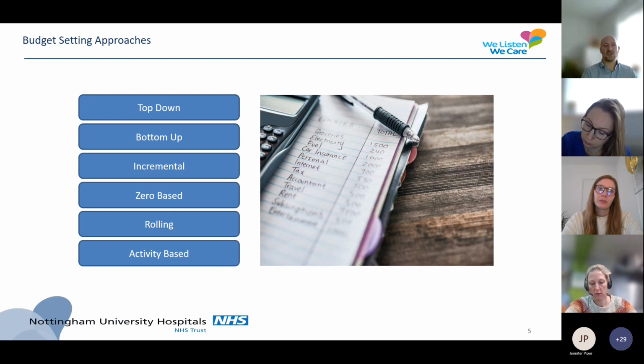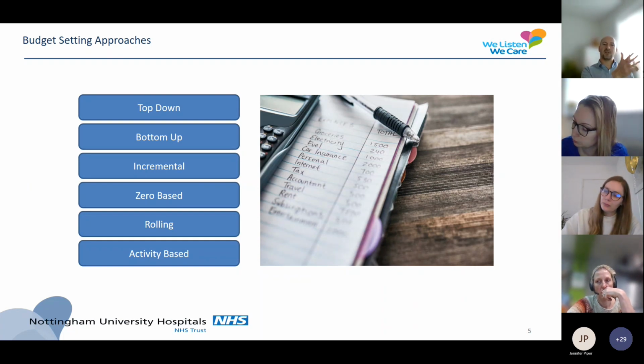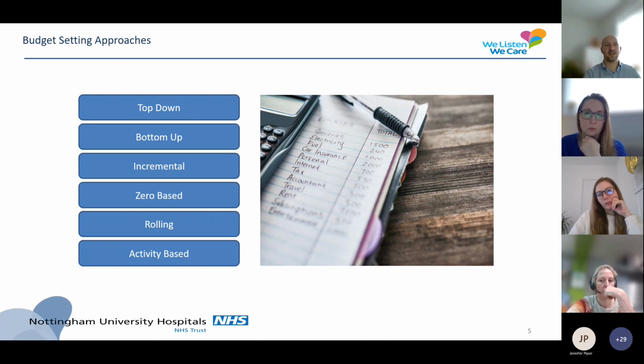So it's very much just building on last year's base, and it tends to be in fixed periods. So you would update your iterative budget from last year to this year, and then you wouldn't revisit it until the following planning rounds, with no adjustments in between to reflect any changes in the intervening period.